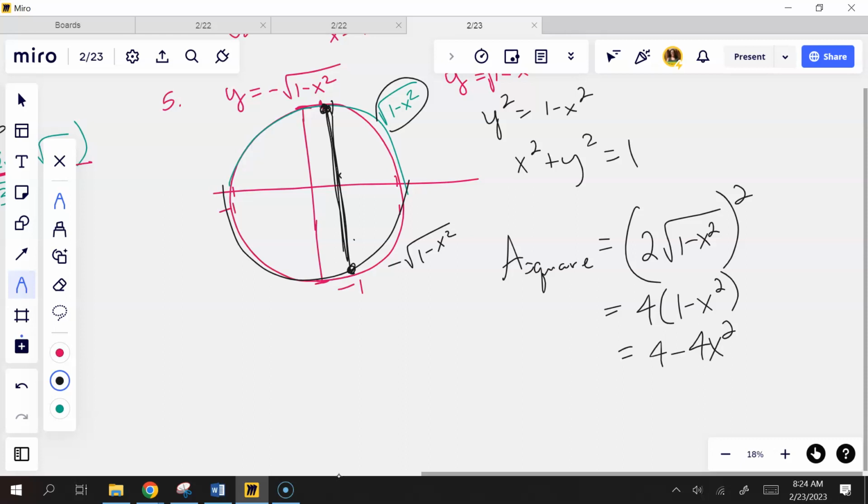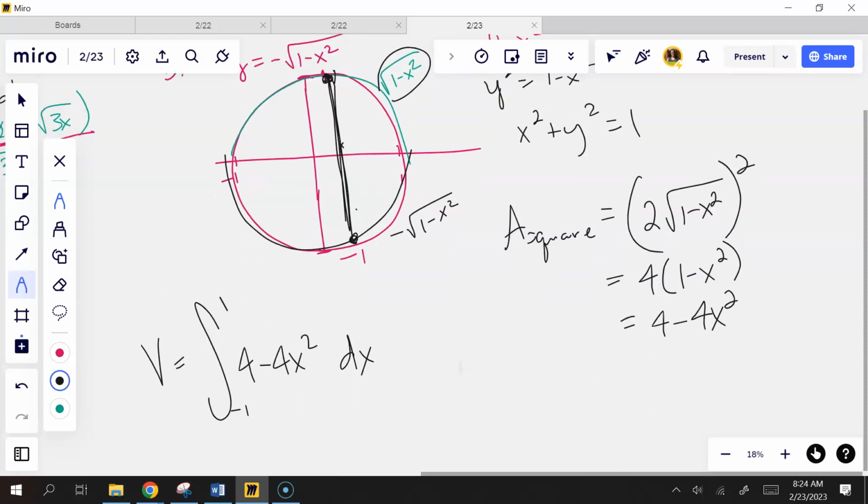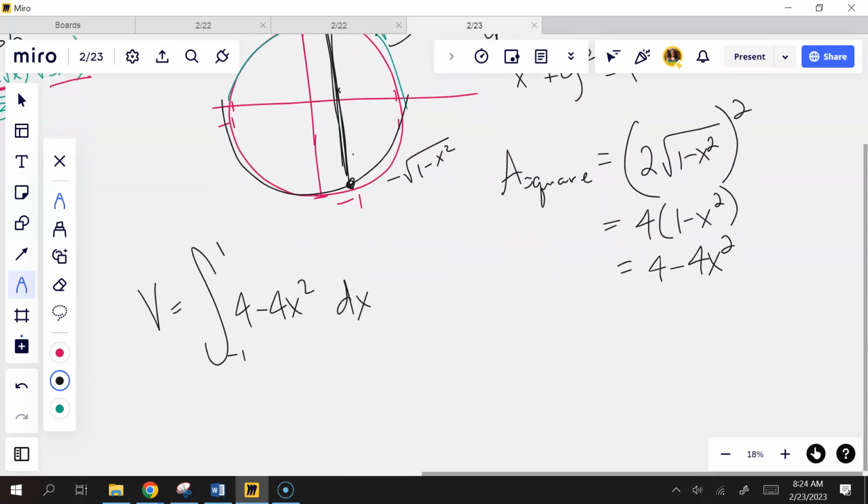So now because it asks for volume, and I want the volume of the whole thing stretching from -1 to 1, then the volume is going to be the integral from -1 to 1 of 4 minus 4x squared. Everybody okay?